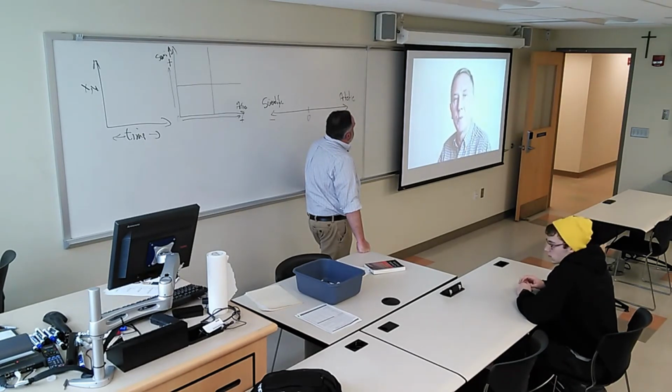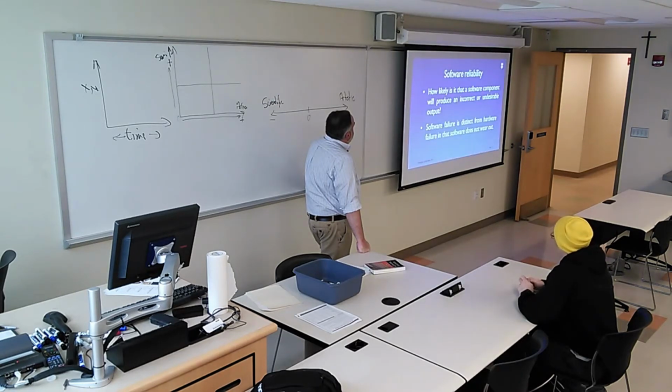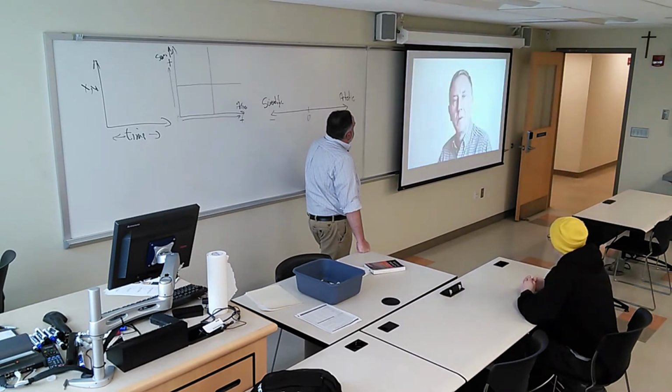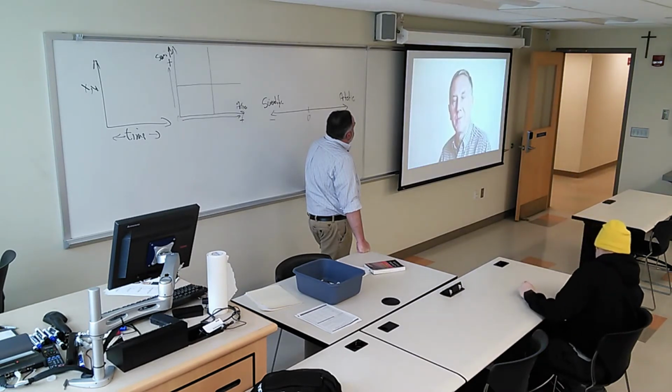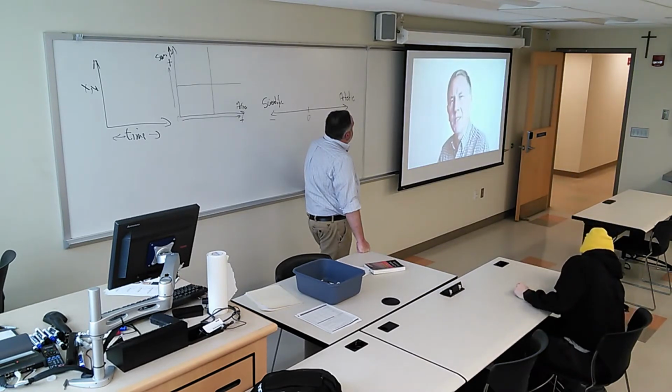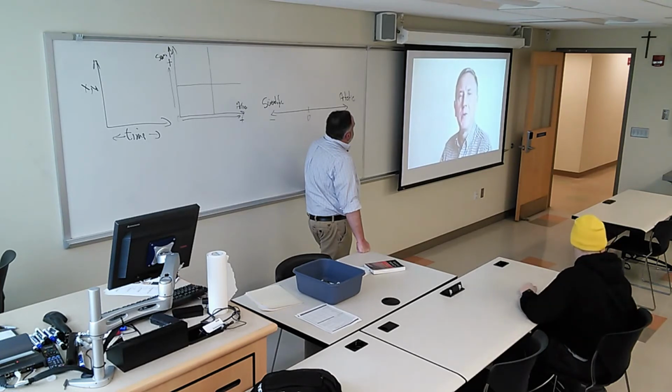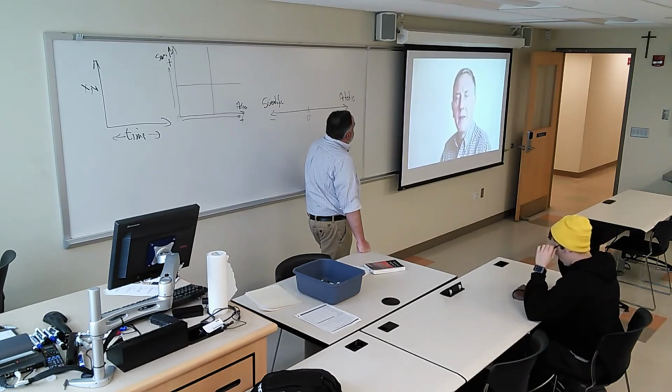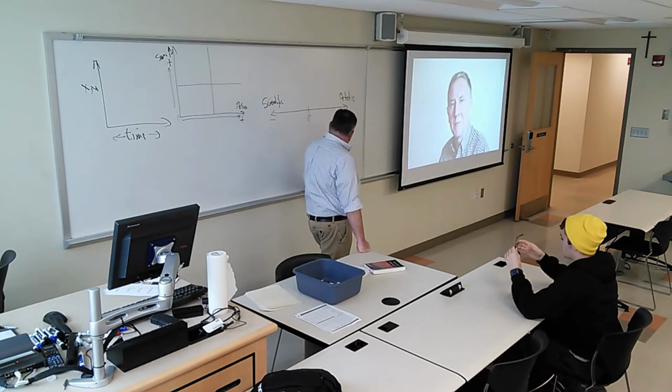So availability as well as reliability are important. For software failure, it's again the probability that a component, when presented with a correct input, will produce an incorrect output. But software is different from hardware reliability in a number of important ways.